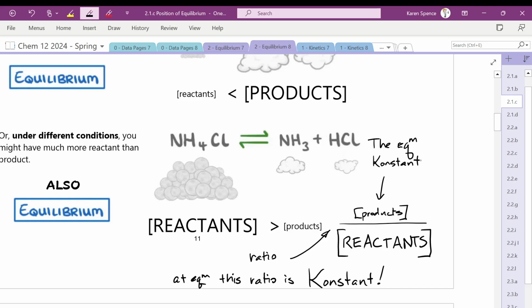I'm still going to spell it with a K, and the reason for that is that we give it this symbol K for constant, and then a little EQ at the bottom for equilibrium.